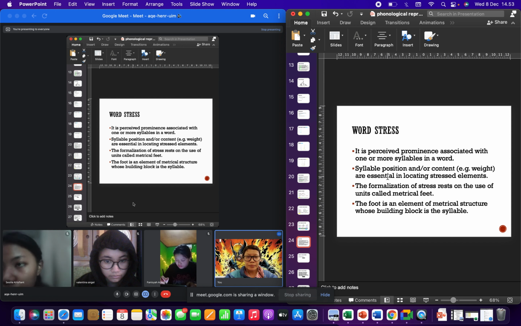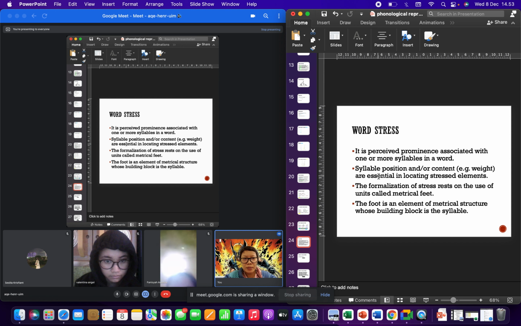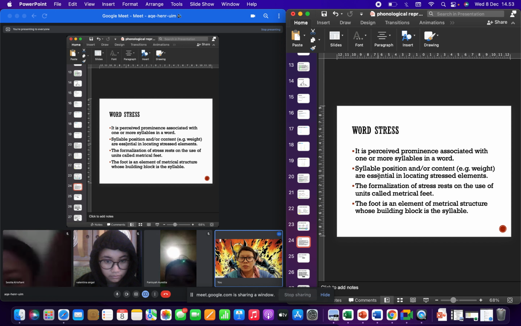And here the syllable positions or the syllable contents are very important for us to understand, and very helpful to locate the stress elements, for example, to see whether the syllable is weak or not.